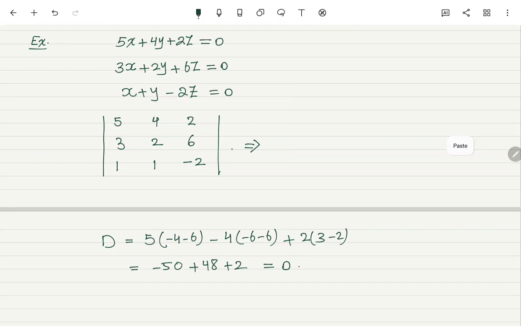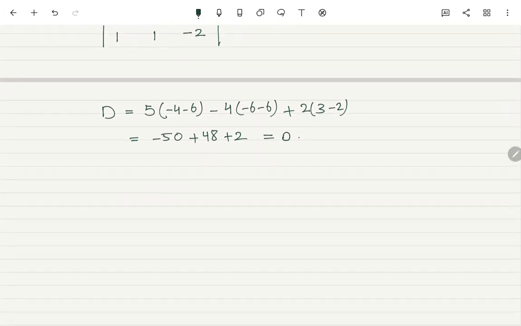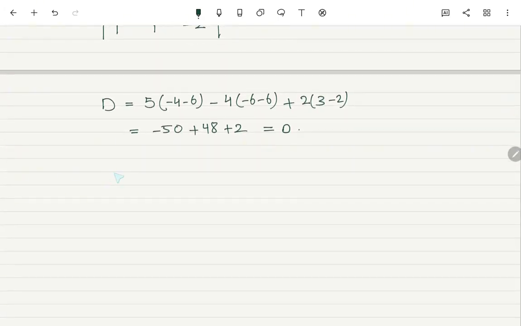Now, to find the non-trivial solution, let's eliminate the z between the first and second equations. You will get here 6x plus 5y, and this is equal to 0. And upon simplifying, x equal to minus 5 over 6 y.